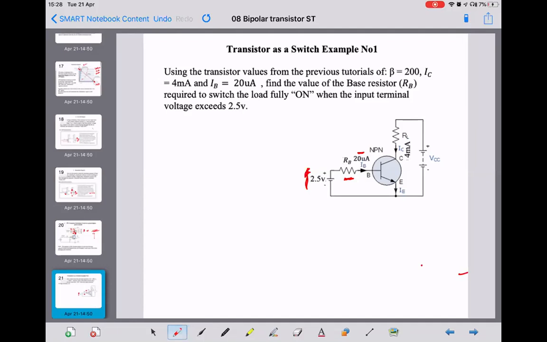Okay, using the transistor values. Would it not just be, we'd have to do the input voltage minus the 0.7.